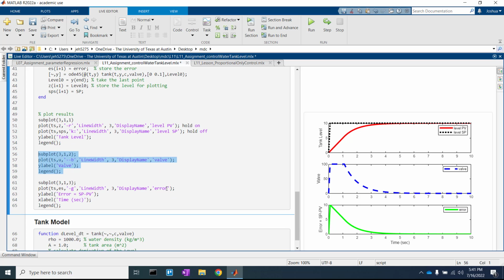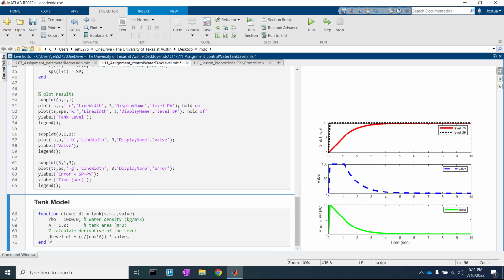This is P-only control. Here is the function for the tank level, by the way. I forgot to mention that. The change in level of the tank, so the derivative of height, does not depend on height itself, and it does not depend on time.